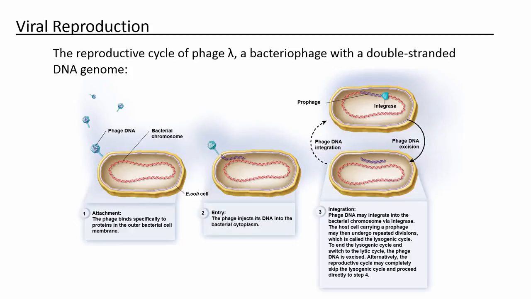So then the host cell ribosomes are going to translate the viral RNA into viral protein. So you're replicating the DNA again, and then you're going to use the genes that are encoded within the DNA to produce proteins, and just like a normal cell, that's going to involve both transcription and translation.